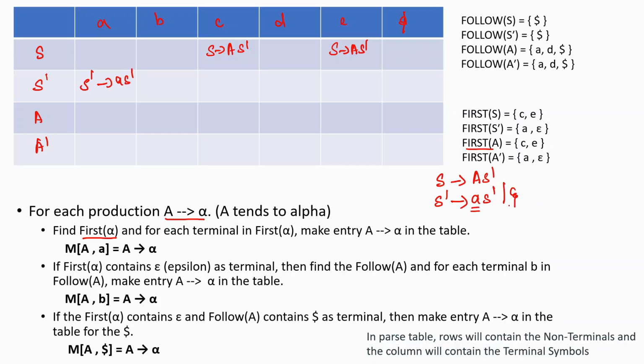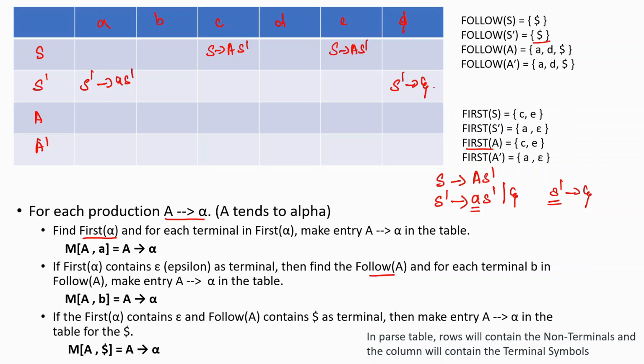And now when we have a production with S dash tends to empty, then you have to put the entry in the follow of S dash. When your first of alpha contains epsilon, you have to find the follow. Follow of S dash is the dollar symbol, so we have to put the entry here.